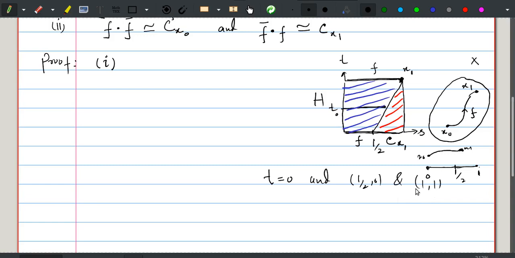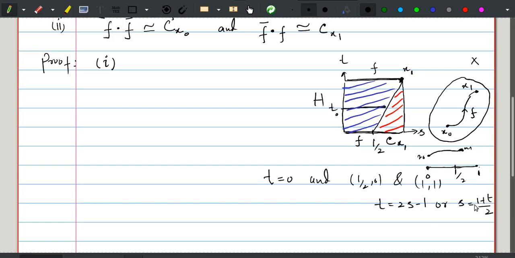This line is t equal to 2s minus 1, which is the same as s equal to (1 plus t) over 2.